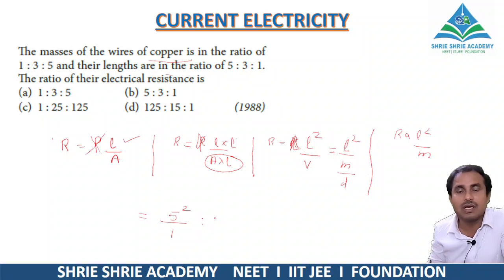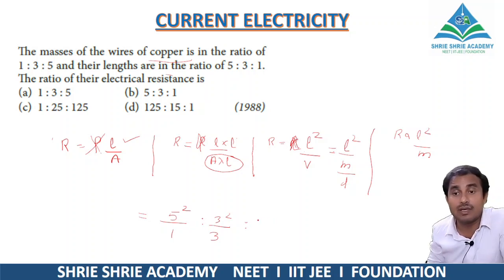The second length is 3, so 3 squared divided by the second mass, 3. The third length is 1, so 1 squared, and the mass is 5. So what you get is 25 : 3 : 1/5, right?